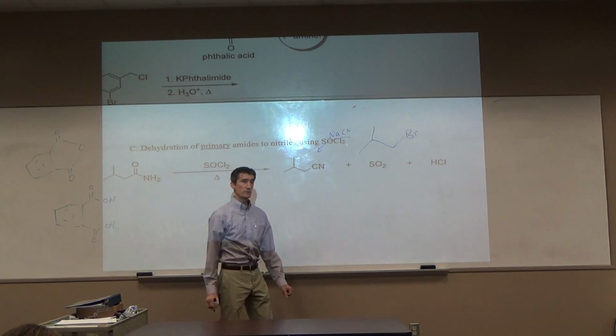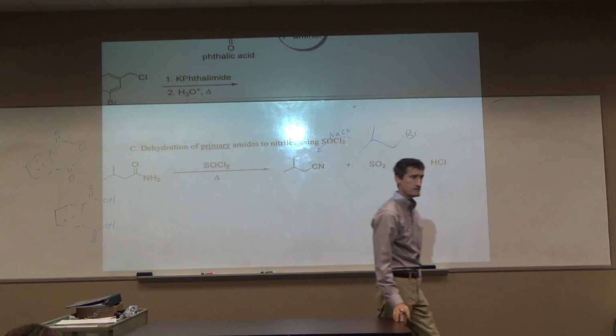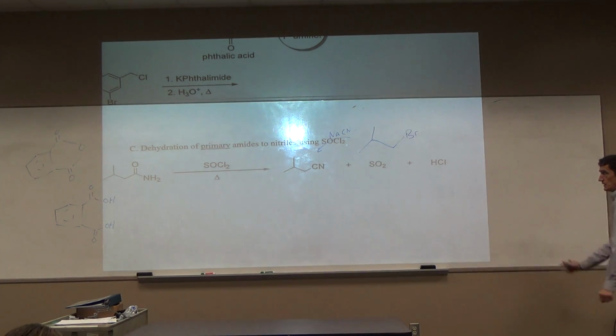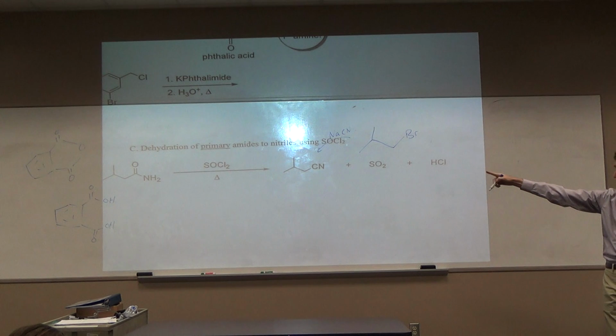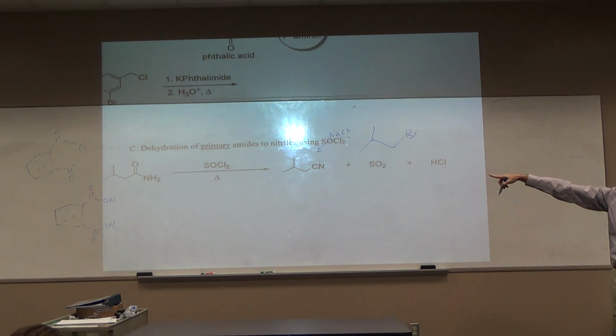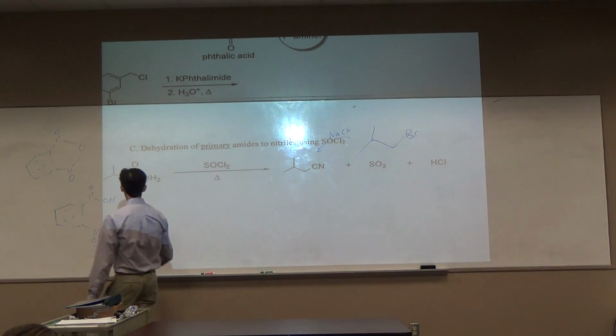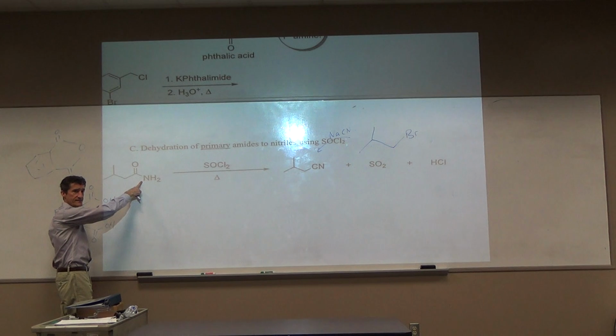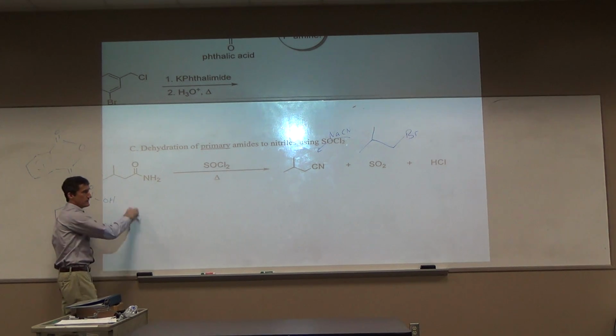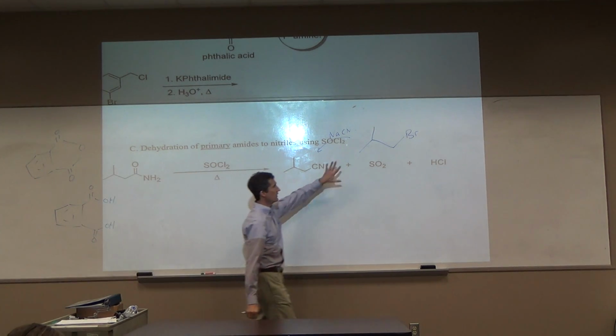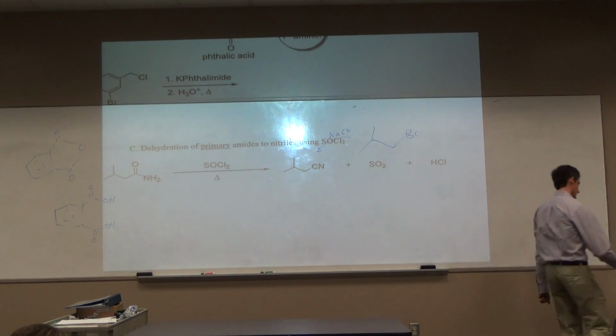Just do an SN2, replace the bromine with cyanide? Yeah. Well, this is another way. This comes from more of a carbonyl derivative, an acid derivative, an amide. Of course, this is going to be made from a carboxylic acid. So there's another route to get to a nitrile other than an SN2.